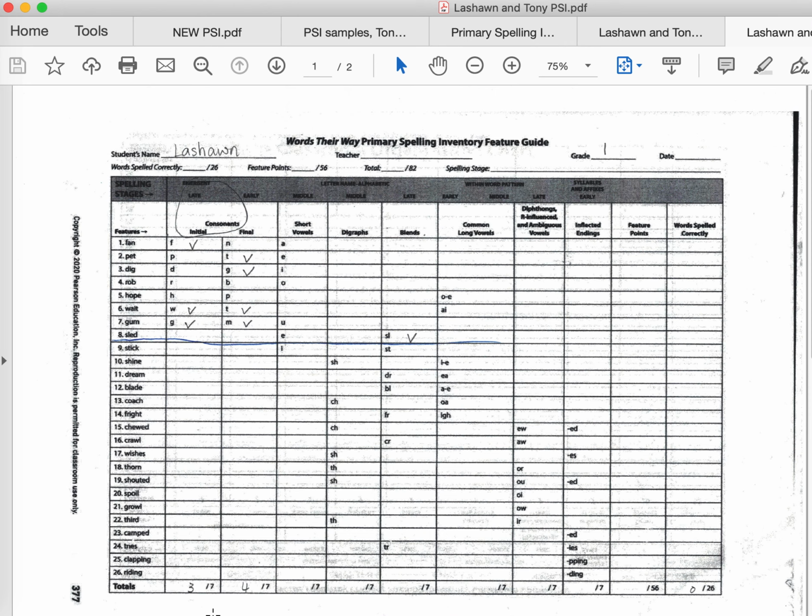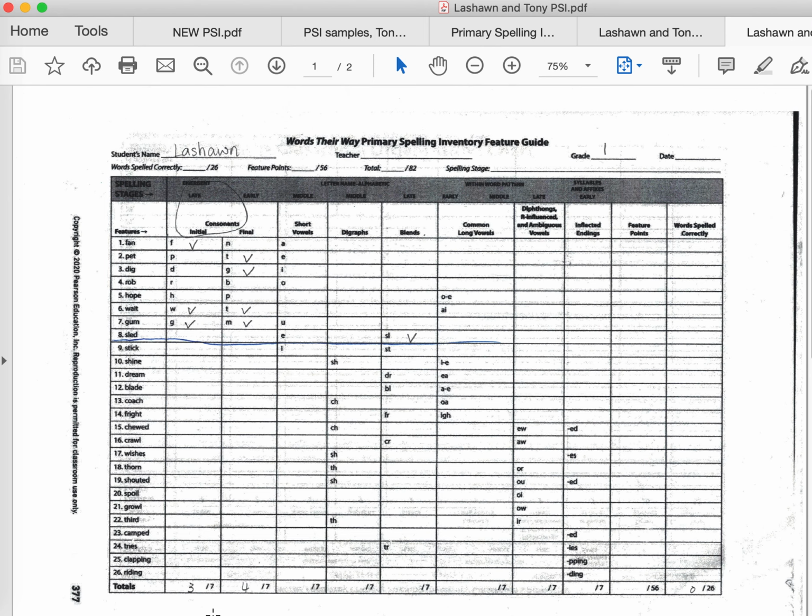So the earlier estimate of LeShang as an emergent speller based on his power score of 0 is confirmed by completion of the feature guide. Initial consonant understandings fall under the emergent spelling stage.